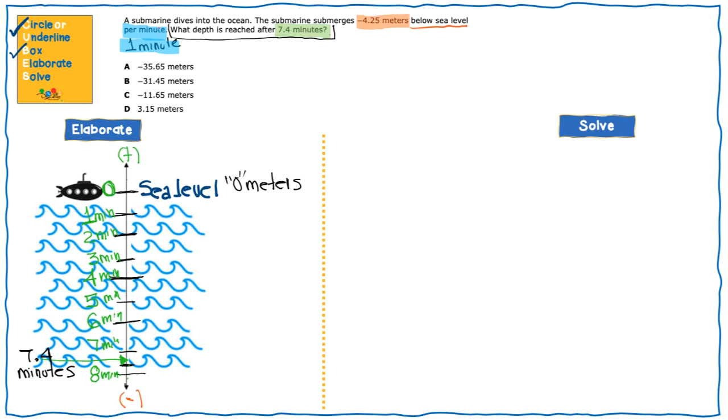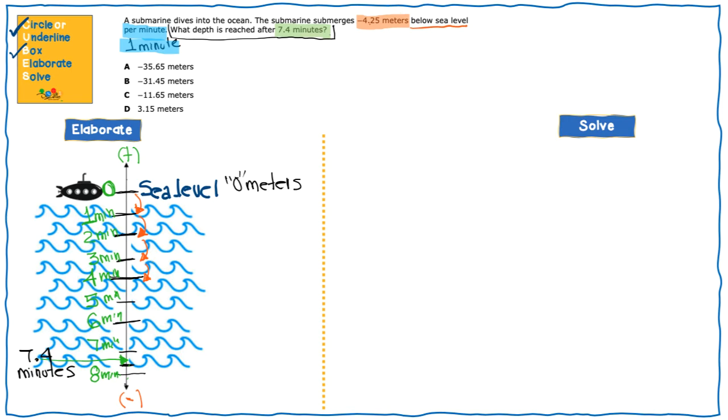Okay, great. The other thing that we need to understand is what's happening every minute. Like we highlighted that here in blue. And this blue comes from this orange number that it's saying that the submarine is going down, because that's what submerges means, negative 4.25 meters. So when I go from 0 to 1, that represents exactly negative 4.25.